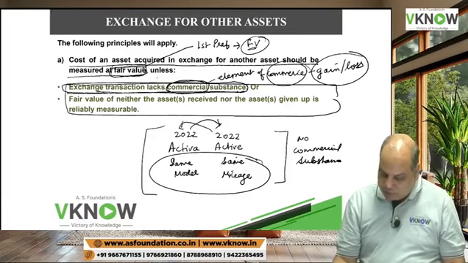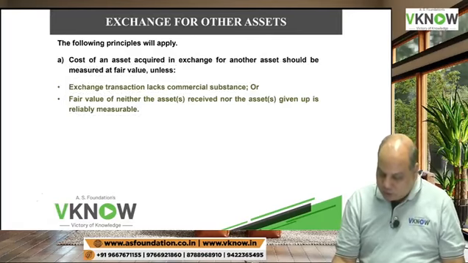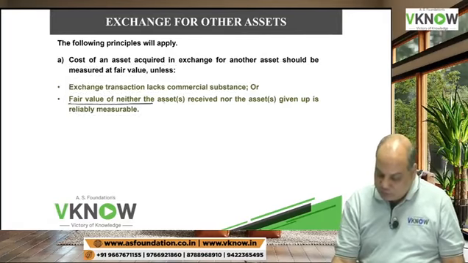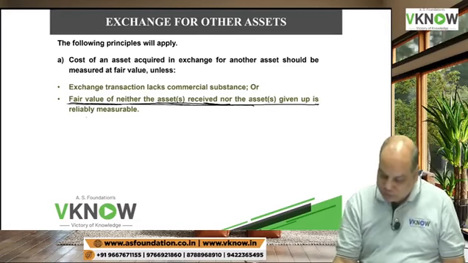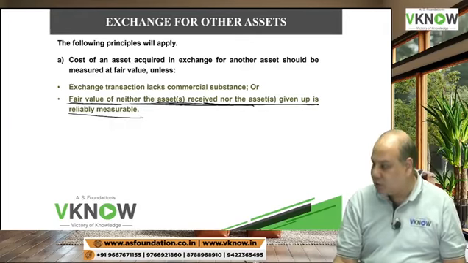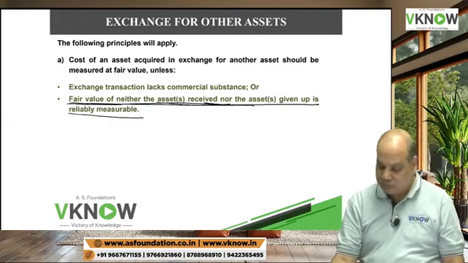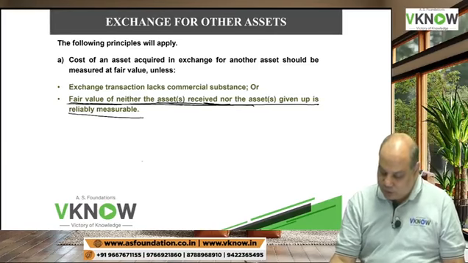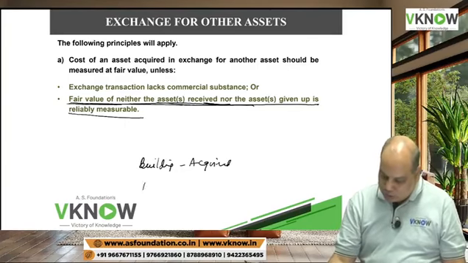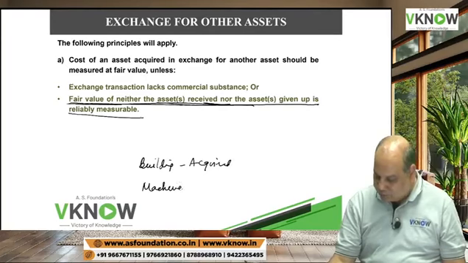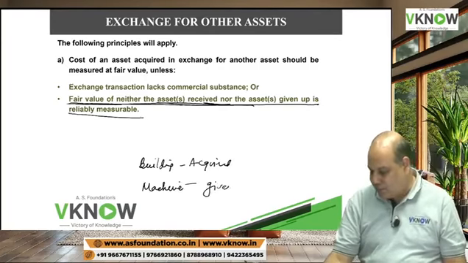And second, you can't apply fair value when the fair value of neither the asset received nor the asset given up is reliably measurable. Suppose I have acquired a building, and a machine is given up.